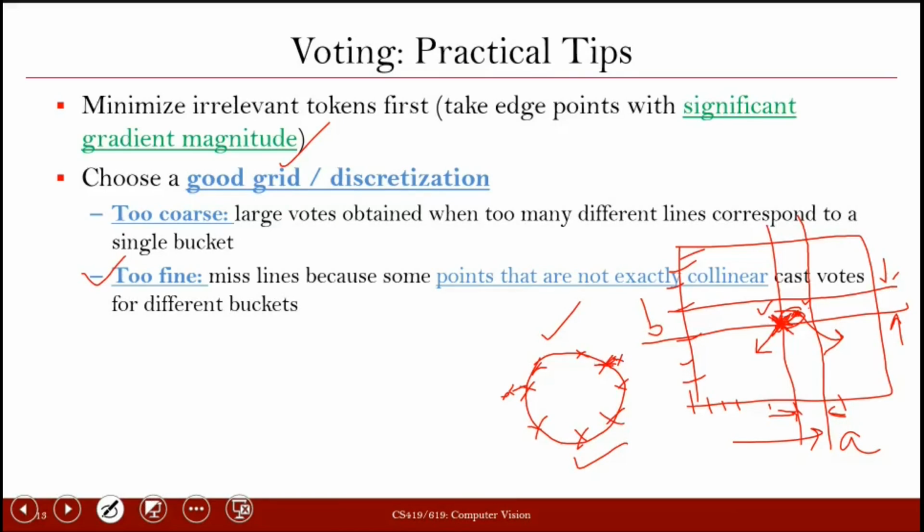So the grid should not be too fine, but at the same time, the grid should not be too coarse either. Because if you make a too coarse grid, that means, let's say, in place of saying that this particular cell is made by using the A and B in this range, you expand this, and this B is expanded to this point, right?